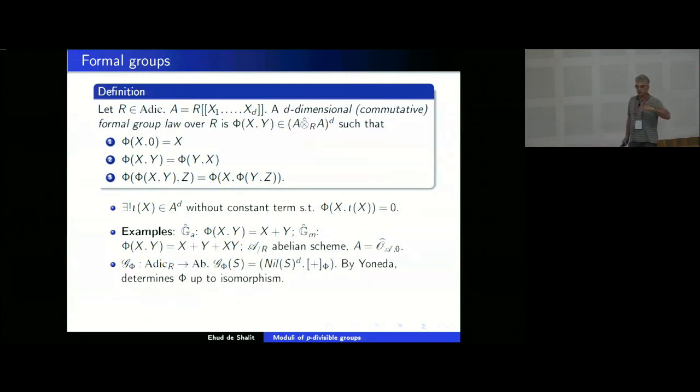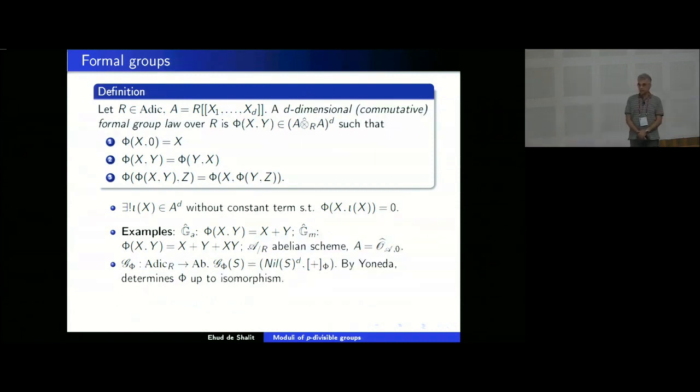So it's the relative category over R, to abelian groups. As I said, you plug in for each of the variables an element from nil S, a topologically nilpotent element in that adic ring S, and you get a set, and what is your addition law? It is the one given by phi.